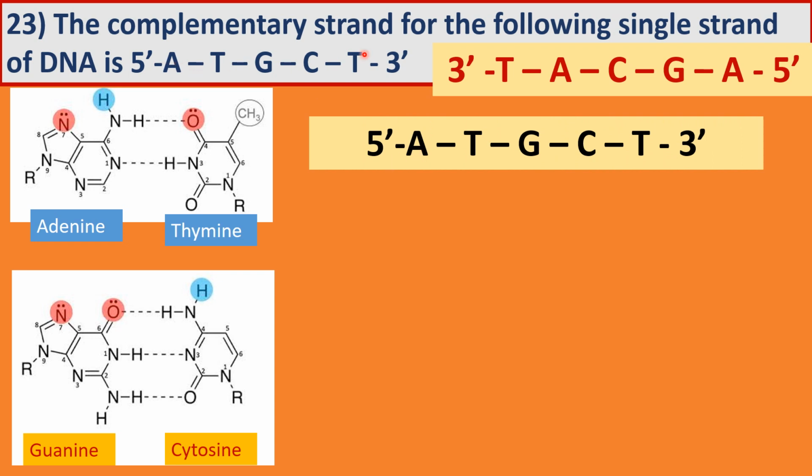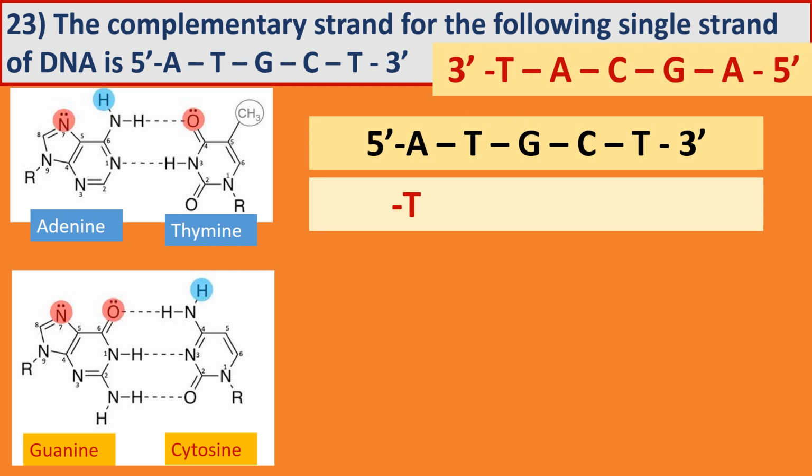So this is the strand. We need to build the complementary strand. First, adenine is complementary to thymine, so this is present in the complementary strand. Next, thymine is complementary to adenine.